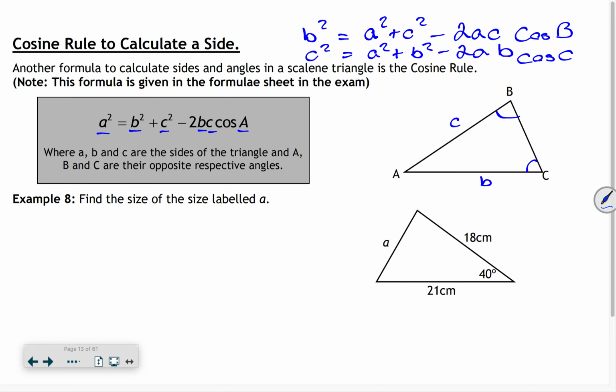An identifier for cosine is actually the same identifier for the area formula. And it's the sides and the included angle. So the area formula and the cosine rule use the exact same conditions. You need two sides and then the angle in between the two sides.